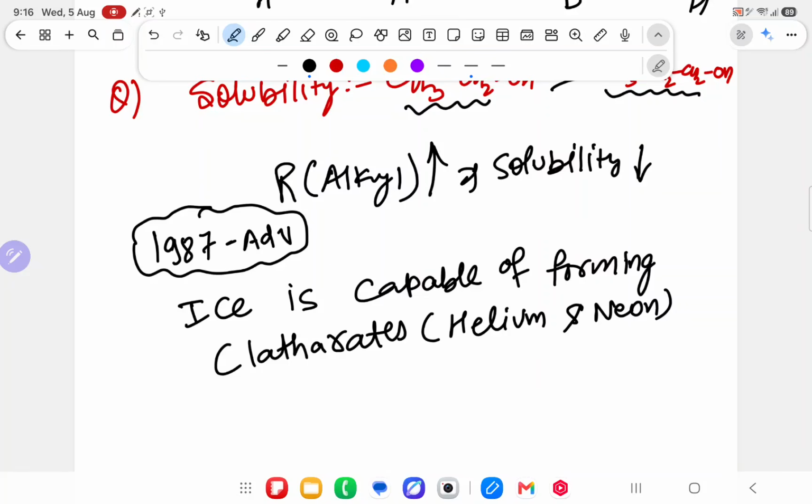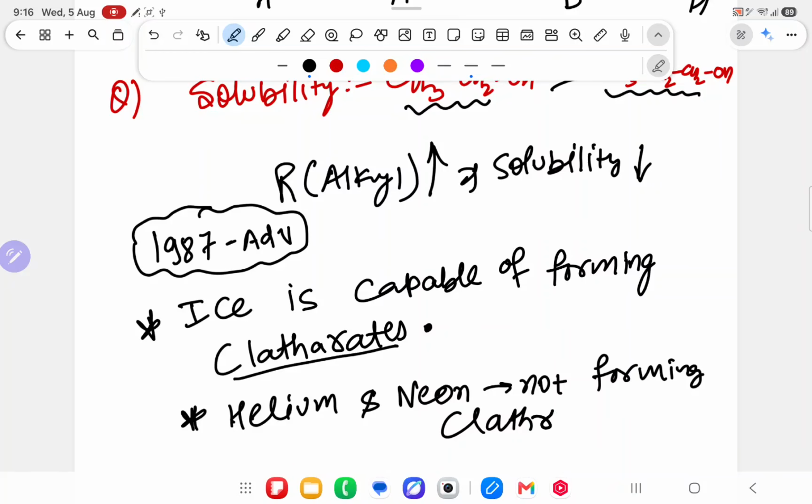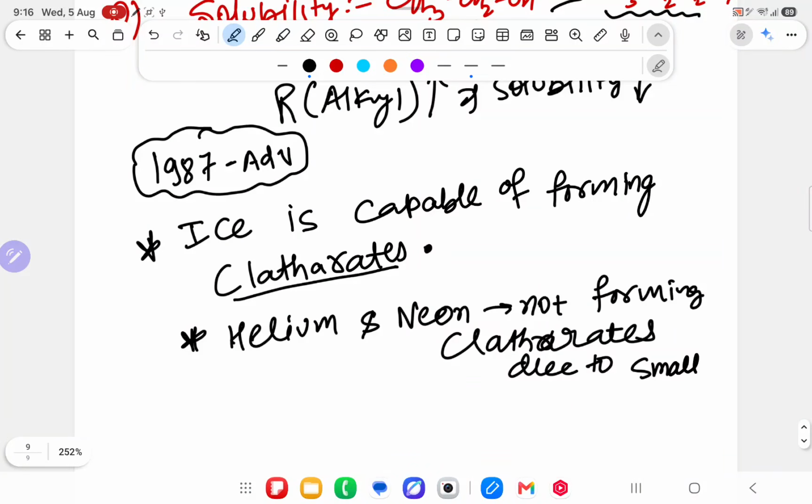Ice is capable of forming clathrate. First important point, clathrate. Second important point, helium and neon are not forming clathrates due to a smaller size.